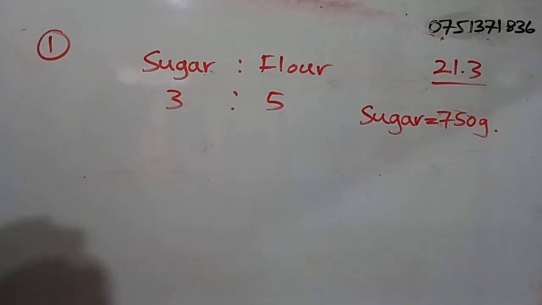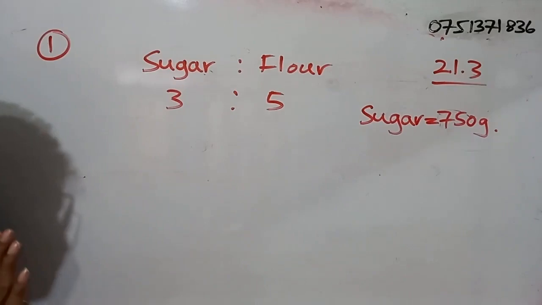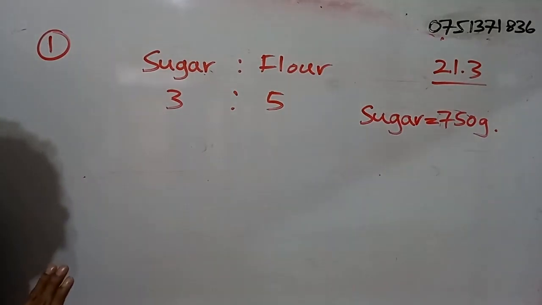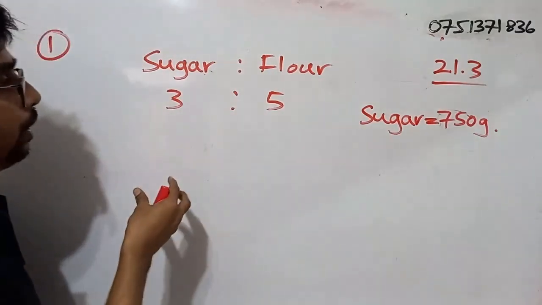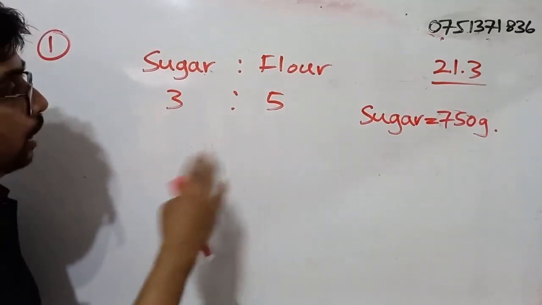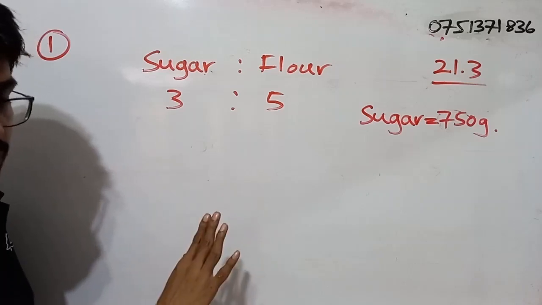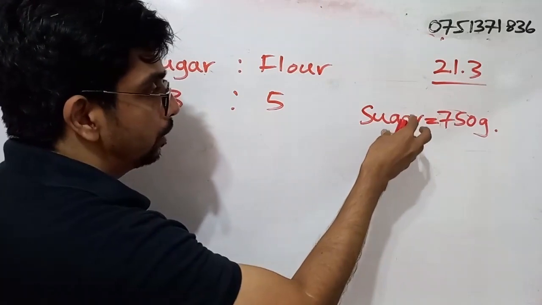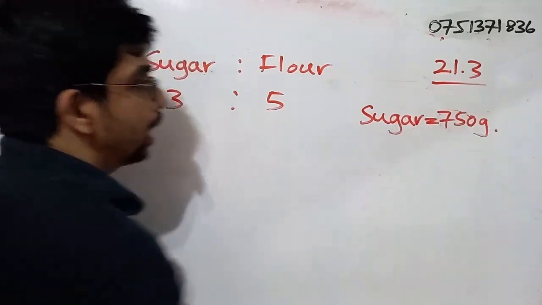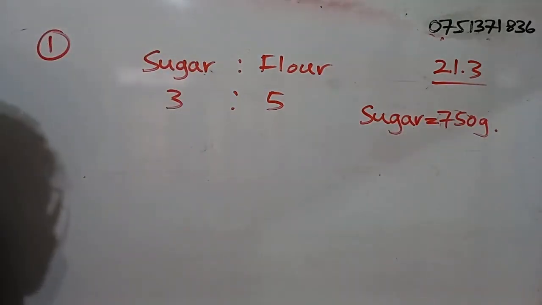First of all, we have to try to understand this question. Sugar and flour were mixed in a certain ratio, and the amount of sugar that was used is 750 grams.